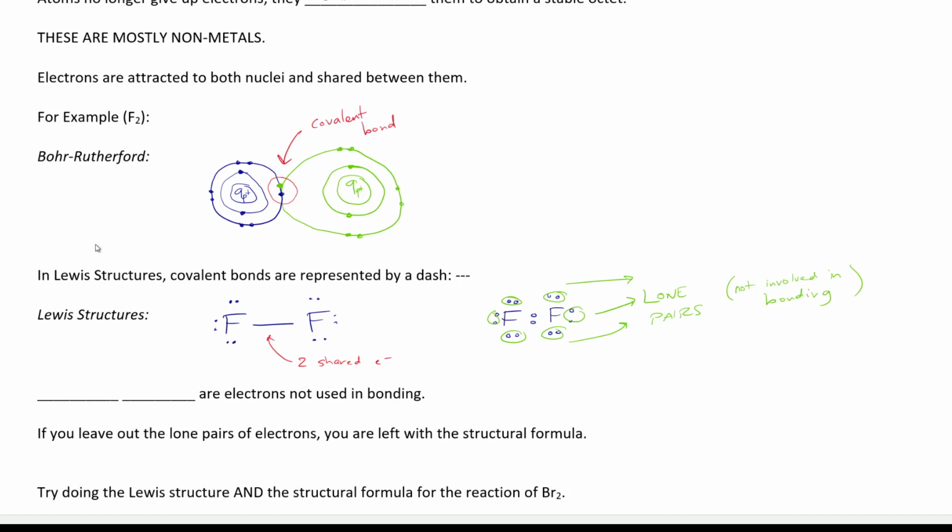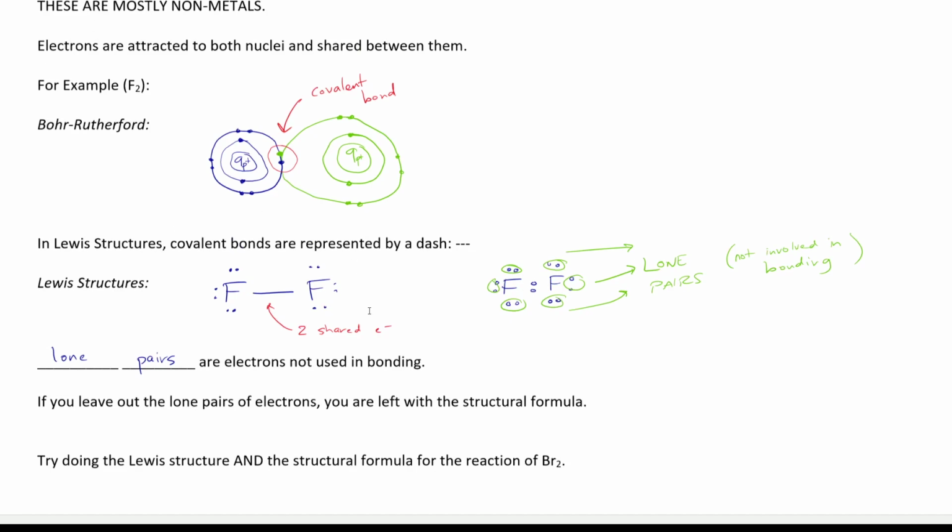Okay. So we'll write over here, lone pairs are electrons that are not used in bonding. And as we can see here, fluorine has 1, 2, 3 lone pairs, and this fluorine has 1, 2, 3 lone pairs. Those weren't at all involved in bonding because they were already paired up.